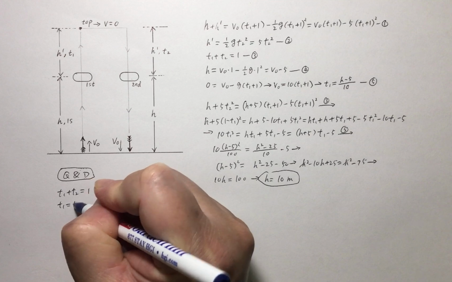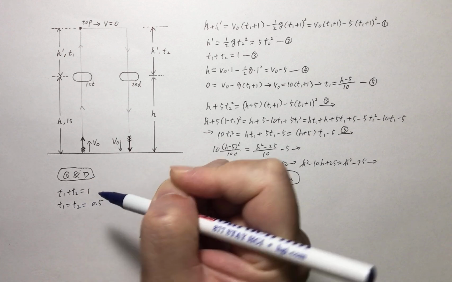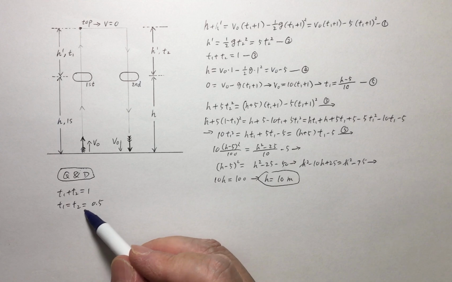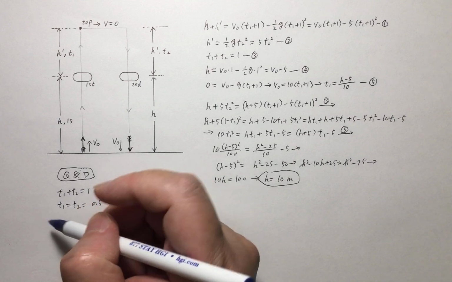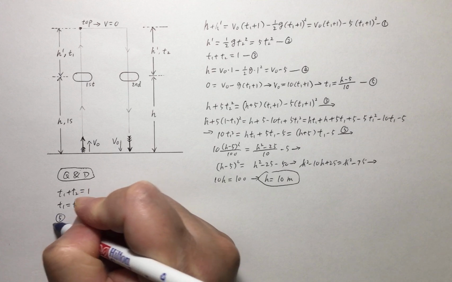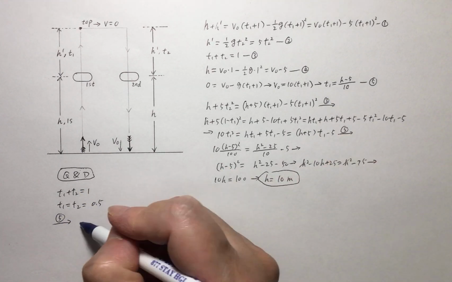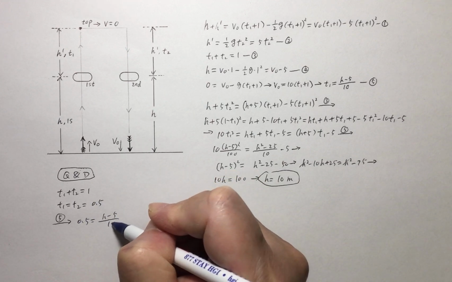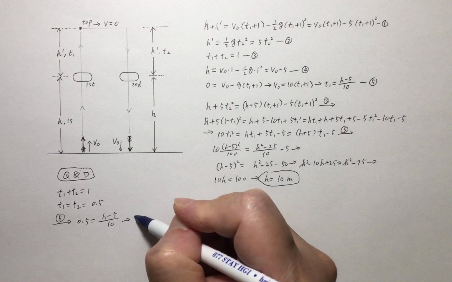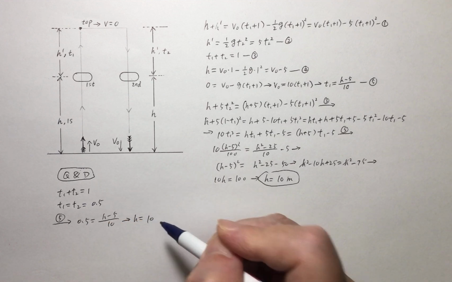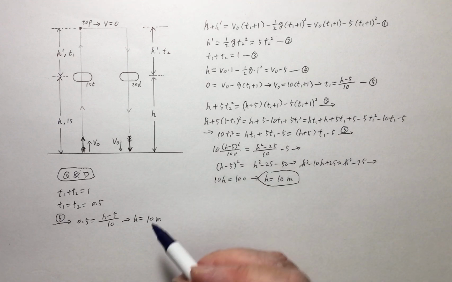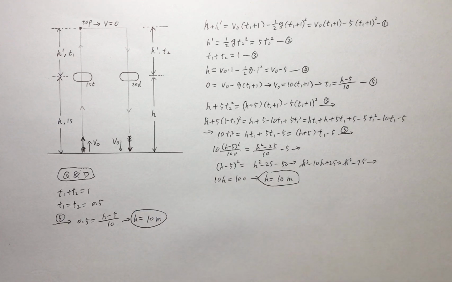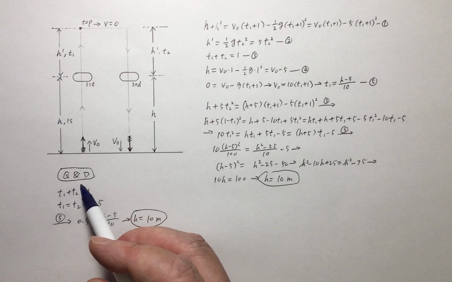So t1 equals t2, that's half a second. Now we plug this into equation 5. So 0.5 is (h minus 5) over 10. That gives us h is 10 meters. So this is a quick and dirty method. We get the same answer, but much quicker. In this kind of competition, time is everything. So we may use this method instead.